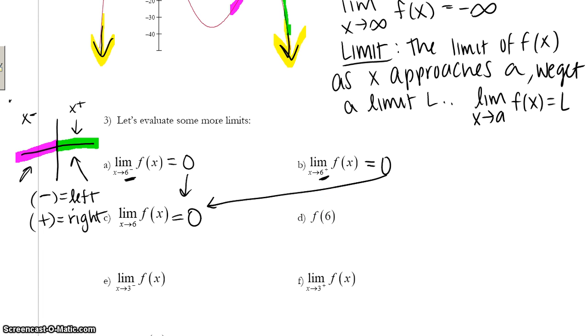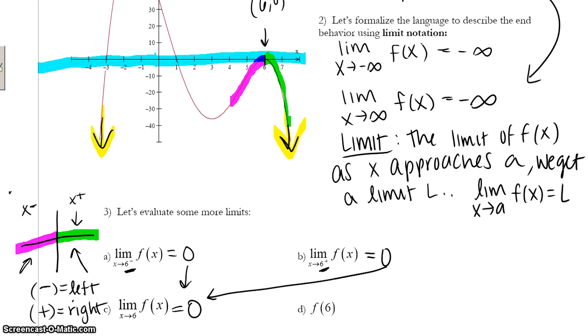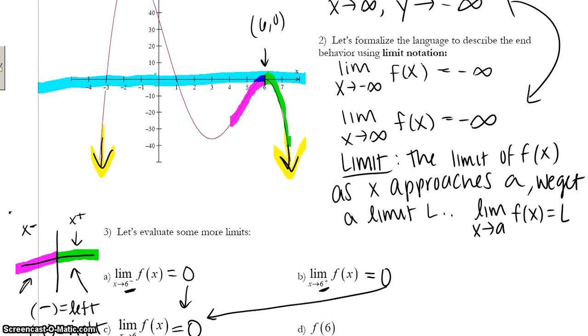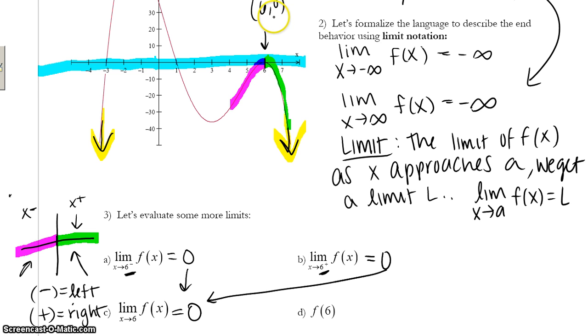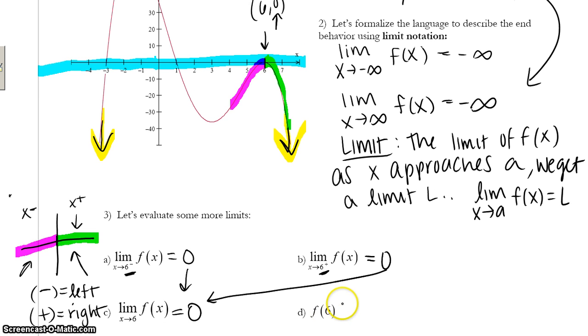Now D, looking at D, f of 6 simply means when x equals 6, what is y? What do we get on our graph? And we already said that 6 comma 0 is our point there. So f of 6 is also 0.